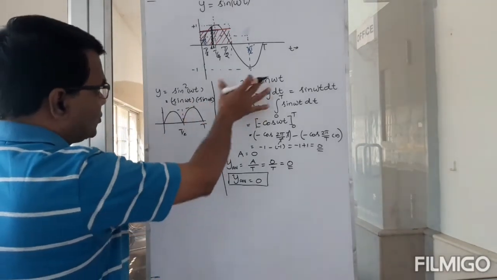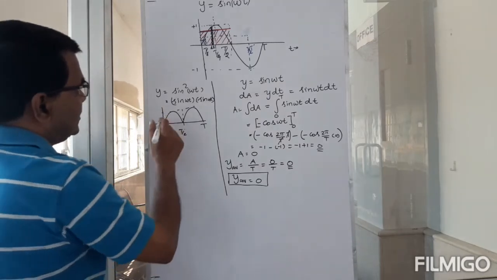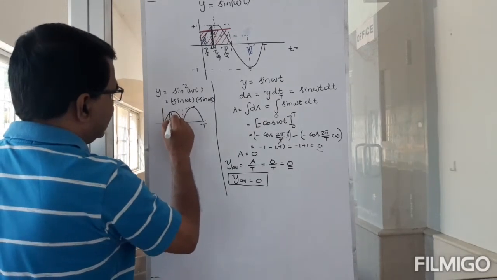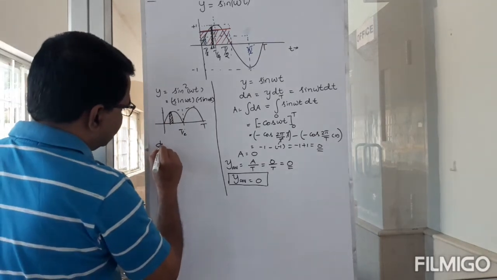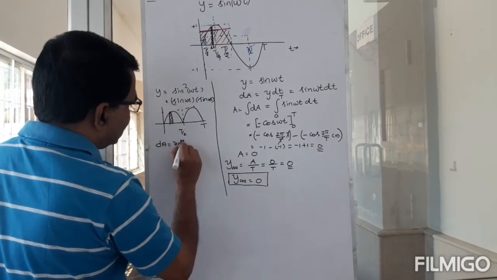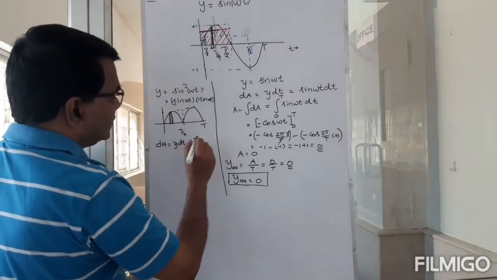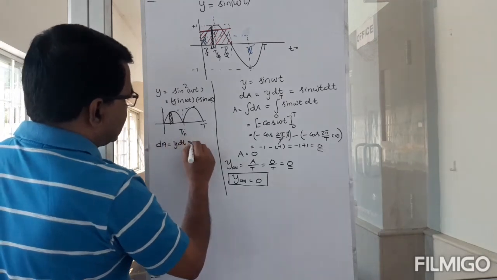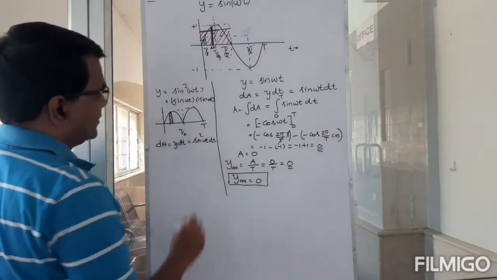Okay, so I'm going to approach it the same way. So y is equal to sine squared omega t. So if I take this small area, dA is going to be equal to y dt, and that is equal to sine squared omega t dt.